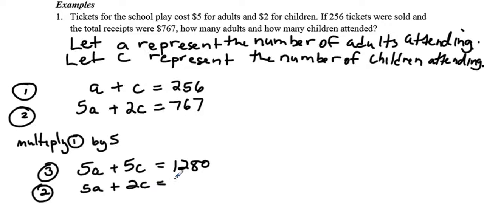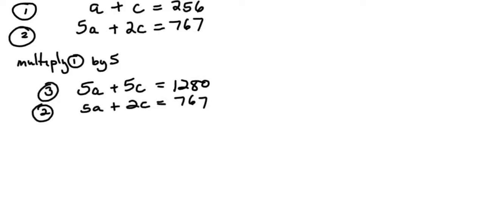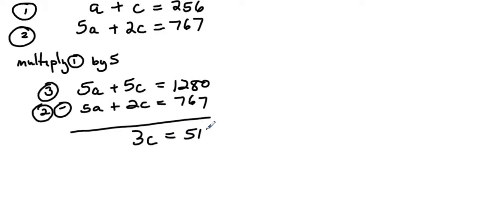And now we're just going to go ahead and solve. Subtract, A is eliminated. We don't have to write anything. This one is going to be 3C. And this one is going to be 513. These don't look like very nice numbers.